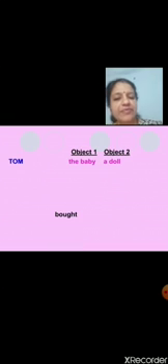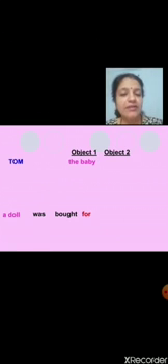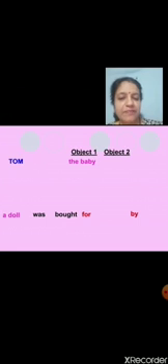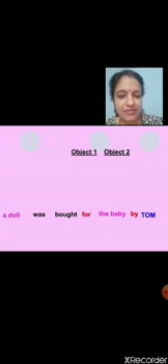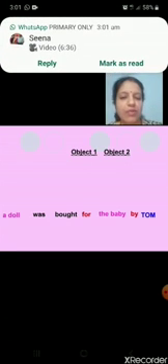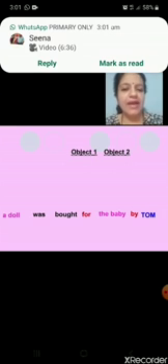Bought changes to was bought, and then we bring a doll to the place of the subject, and then we add for. It's very important to add for when you bring object 1 after the verb. So, how do we do the changes? A doll was bought for the baby by Tom. Now, this sentence is in passive voice.